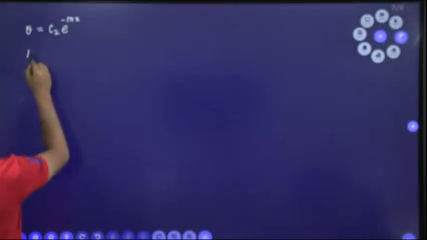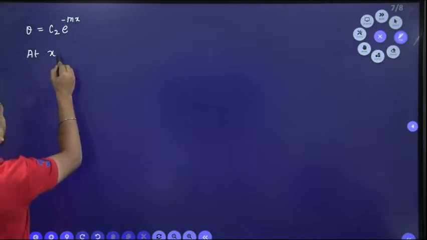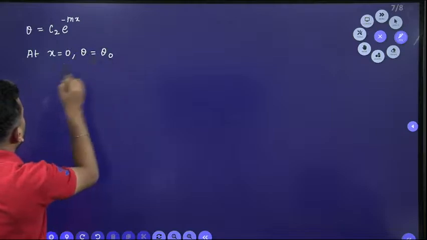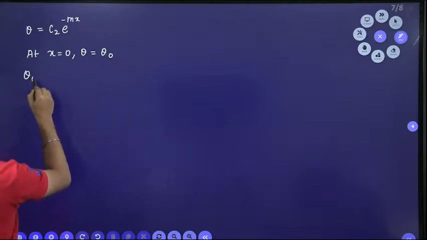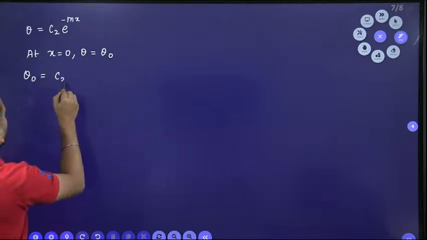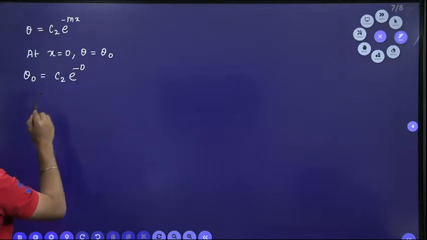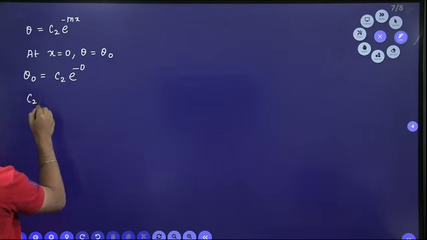Okay. The first boundary condition is at x equal to 0, theta is equal to theta naught. So theta naught is equal to C2 e to the power minus 0, e to the power minus 0 is 1. So C2 is equal to theta naught.